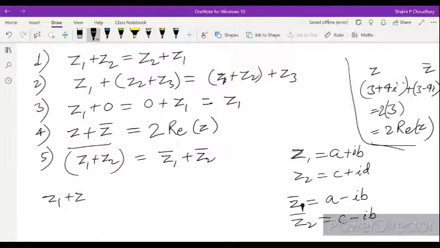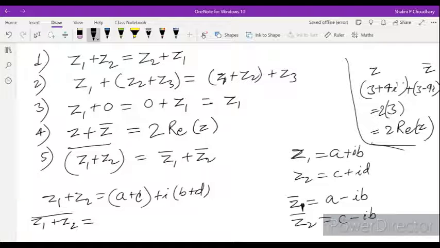First of all, z1 + z2 will be (a + c) + i(b + d). Then (z1 + z2) whole bar will be equal to (a + c) - i(b + d).